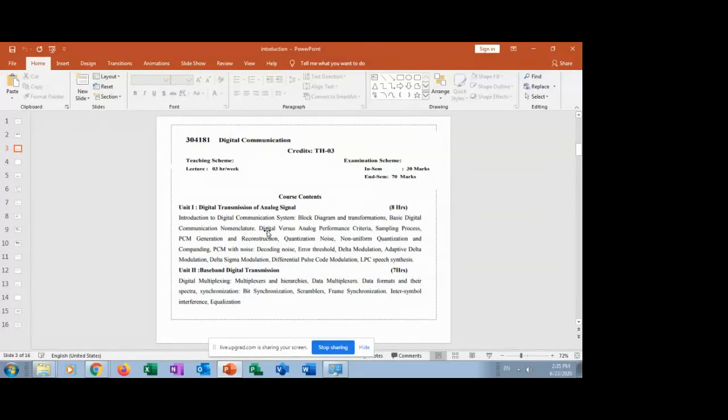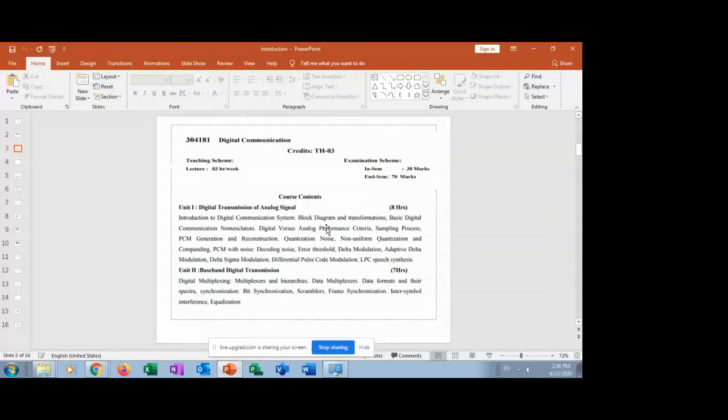In that unit we studied sampling. In the first unit here also we will start with sampling. Sampling means just converting analog into discrete, not digital. That is the first process, sampling: analog to discrete. After that, we will convert the discrete information signal into digital information.